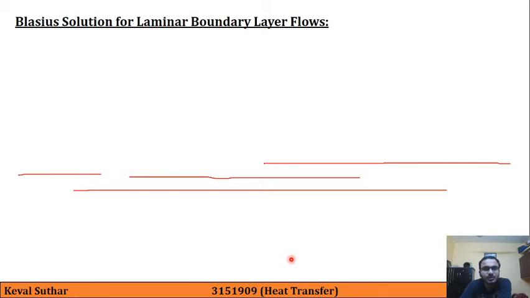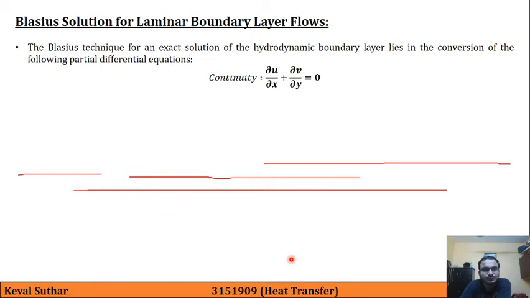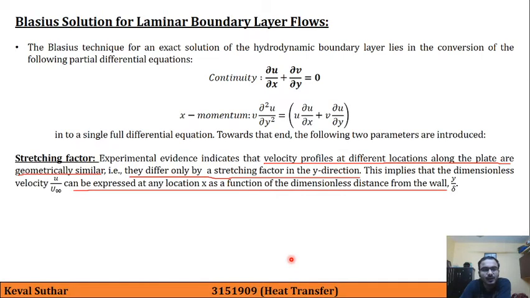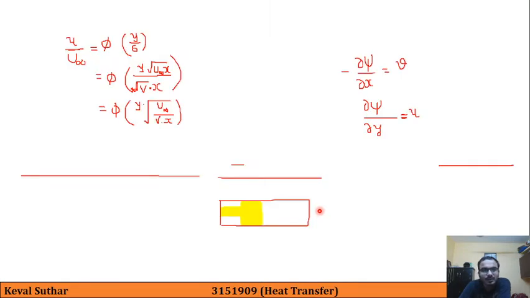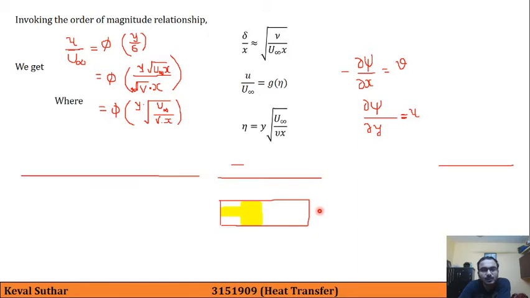Then we studied the Blasius solution for laminar boundary layer flow, and here we defined the stretching factor. In this functional relationship, u upon u infinity is a function of y upon delta. Using our previous equations we obtained the stretching factor eta, given by y times the square root of u infinity upon nu into x.